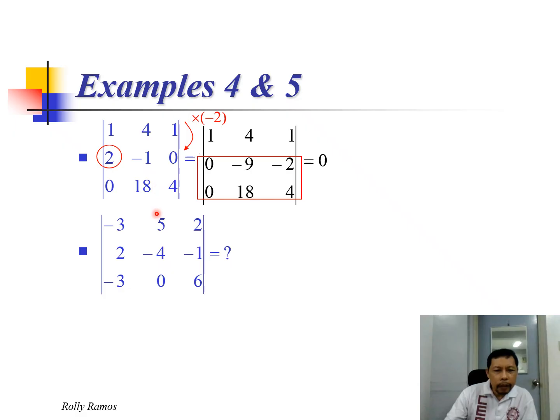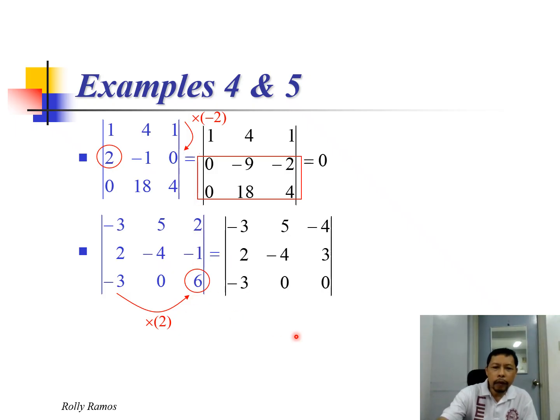About this matrix, are there rows or columns that are equal or multiple of each other? If we multiply column 1 by 2 and add it to column 3, it will give us this matrix.